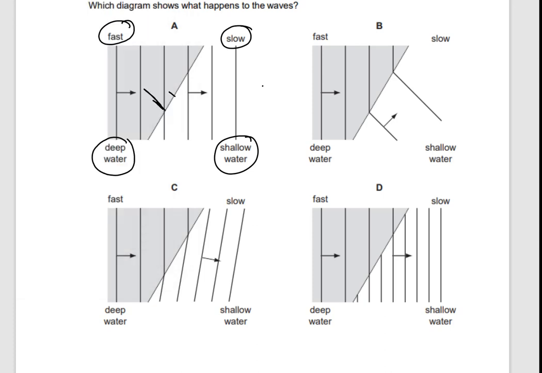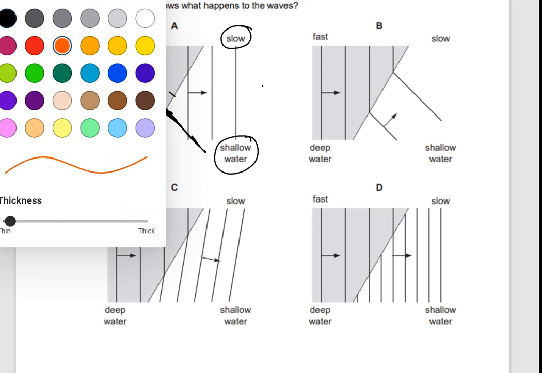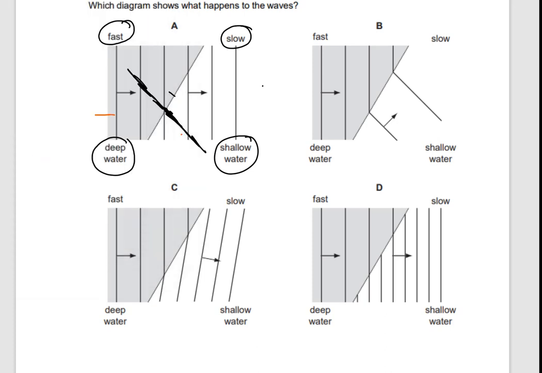So that's the line of normal. And this is the direction of the wave. As we know, the wave is slowing down, so it must be going towards the normal.